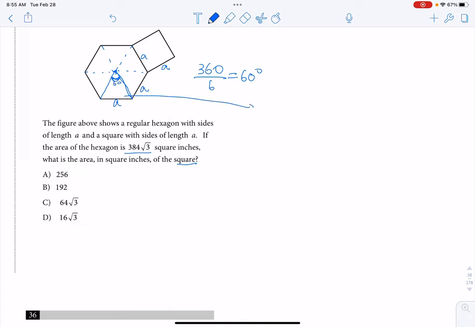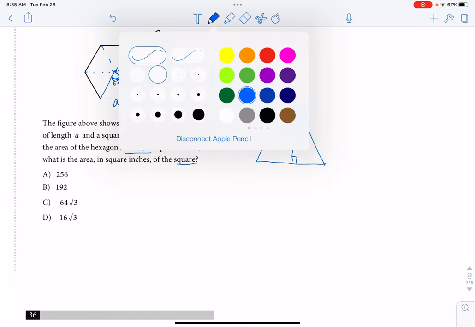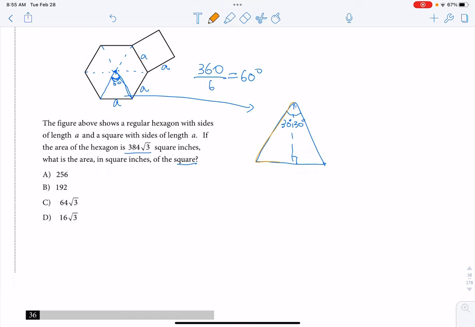If I redraw this one as a triangle, then this angle is 60 degrees, and you draw the altitude there. Then you divide 60 in half, which is 30 degrees. Then this triangle here will be a right triangle with 30, 60, 90. And we know the 30, 60, 90 ratio is 1x, square root of 3 over 2x, and 2x.